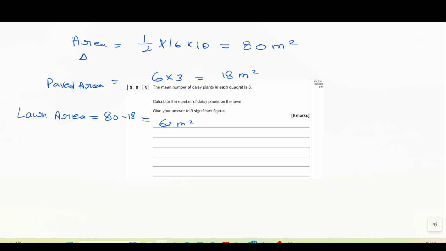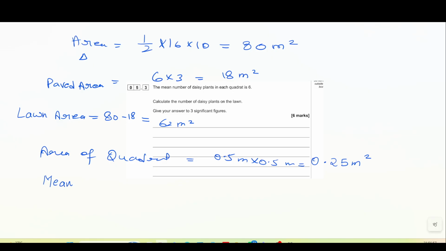The quadrat measures 50 by 50 centimeters. So a quadrat is 0.5 by 0.5 meters, because 50 centimeters is 0.5 meters. You find the area of each quadrat: 0.5 times 0.5 equals 0.25 square meters.